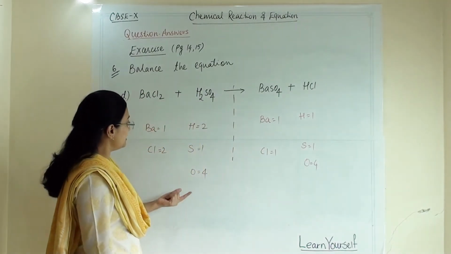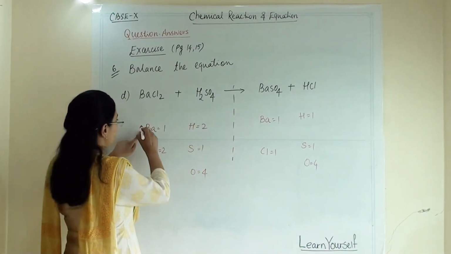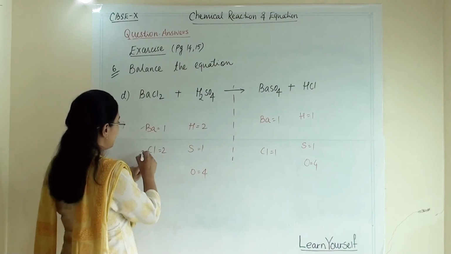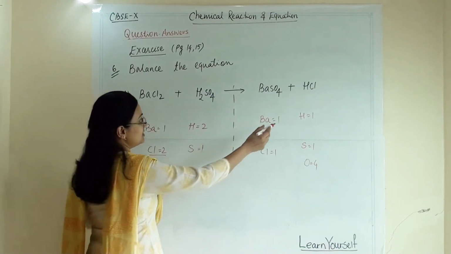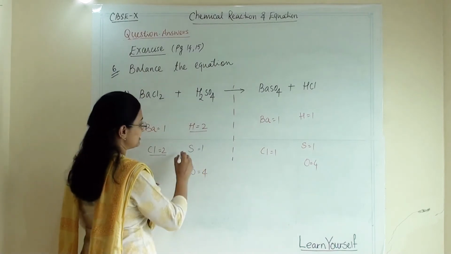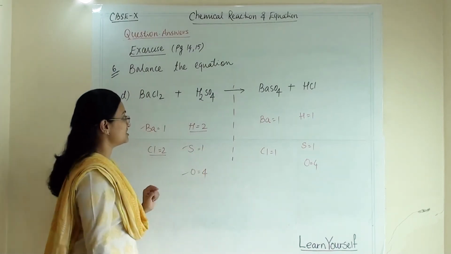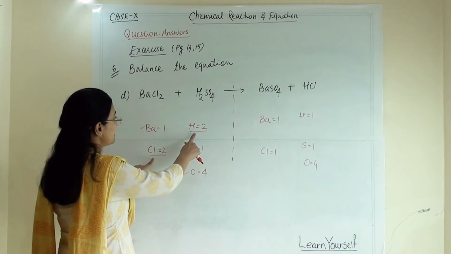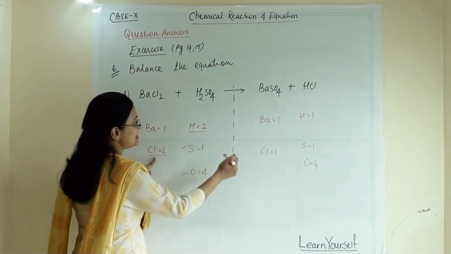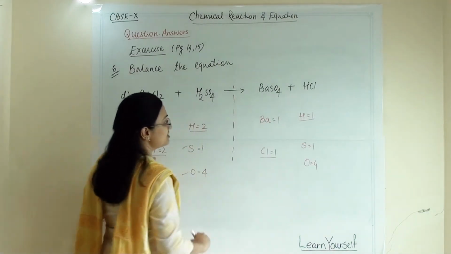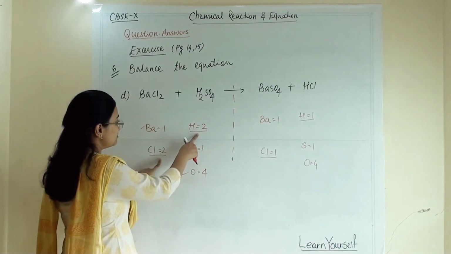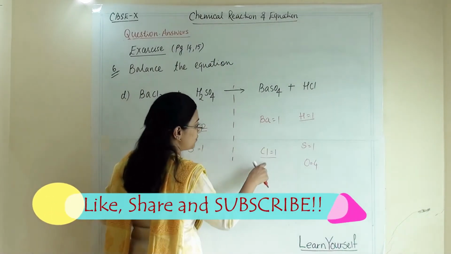So what all we need to balance? Barium is already balanced, Cl we have to balance, then hydrogen we have to balance, sulfur is balanced and oxygen is balanced. If you will see here, we have to balance this hydrogen and chlorine. Here they are 2, here they are 1, 1.